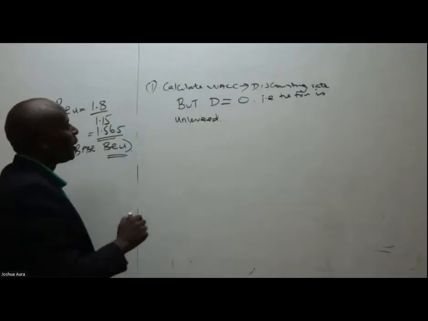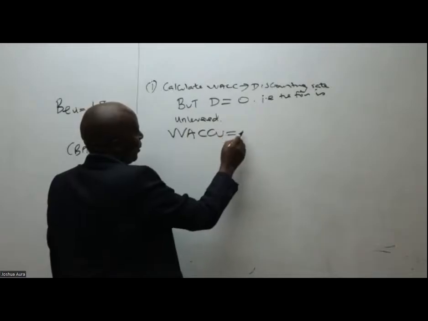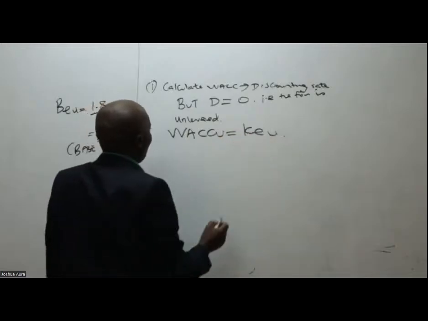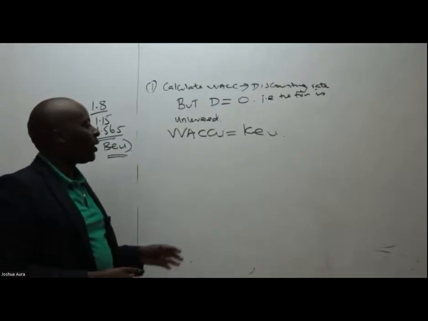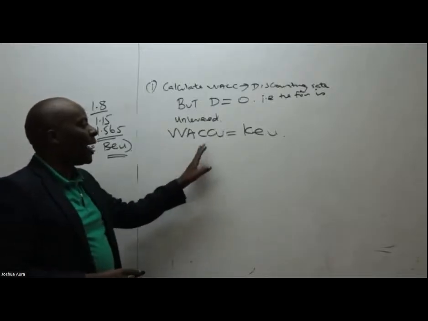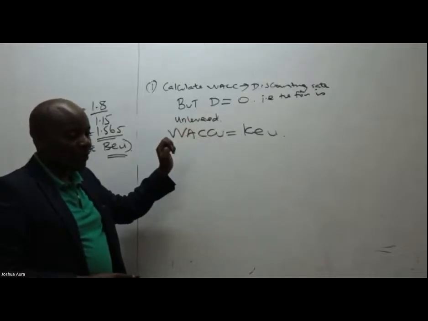If it's unlevered, remember in this case, ladies and gentlemen, what we used to call WACC U equals Ke U. Very, very important. If it's unlevered, then the weighted average cost of capital of an unlevered firm will always be equal to cost of equity of an unlevered firm.